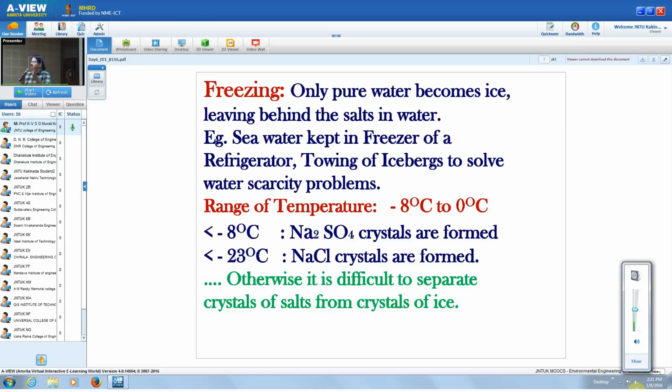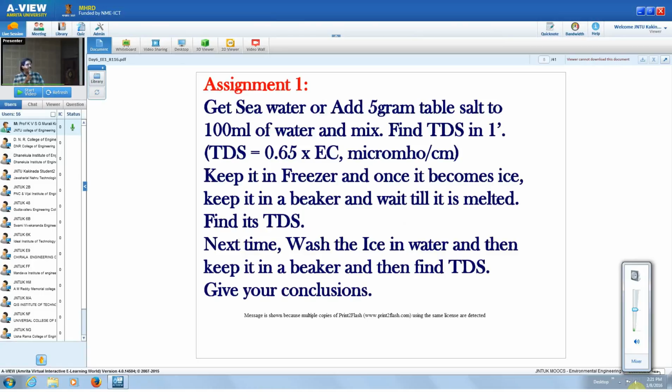Water with a conductivity of less than 10 micromhos, that means it has a salinity of less than 5 mg per liter. Next, please. The ideal range is -8 degrees centigrade to 0 degrees centigrade.